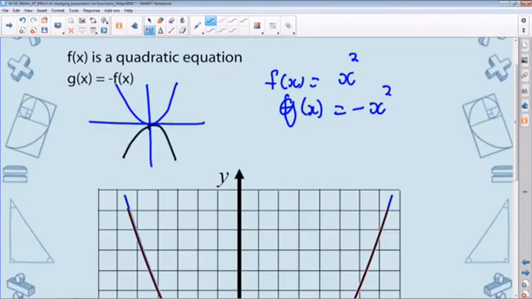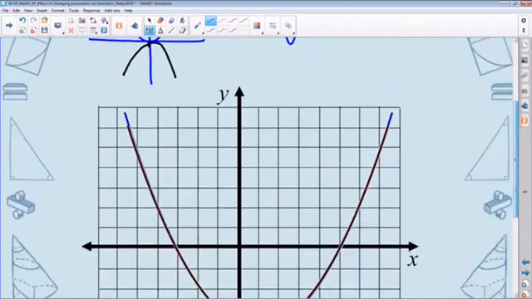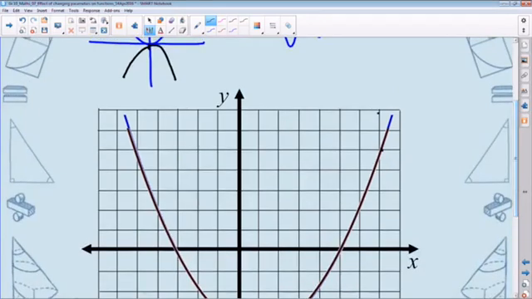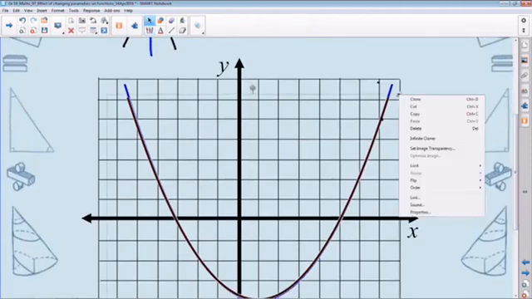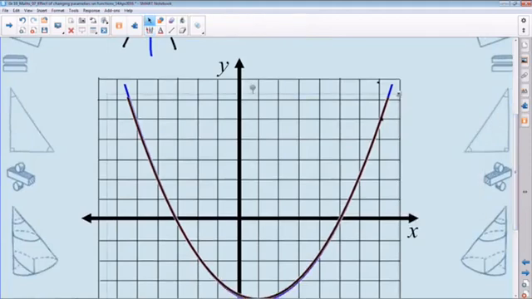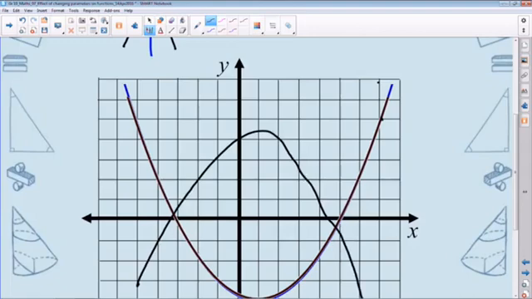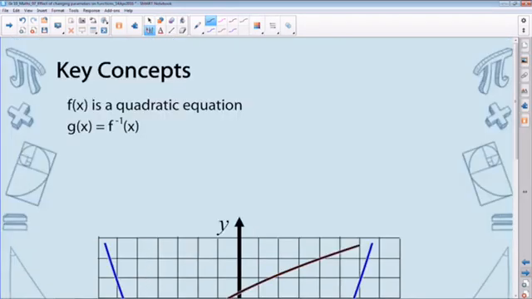So now what's happening here, it should be looking like this. Something like that, because you've got the positive one, and then this one should be a negative one.